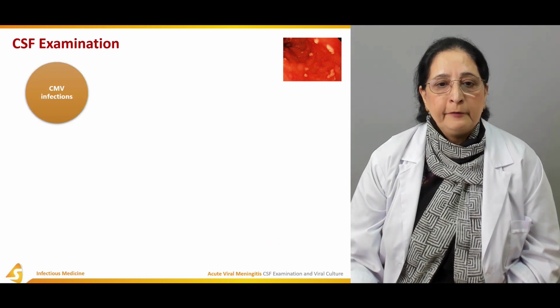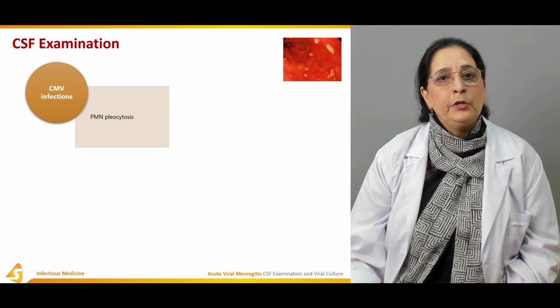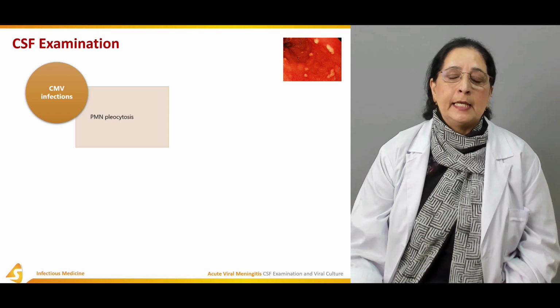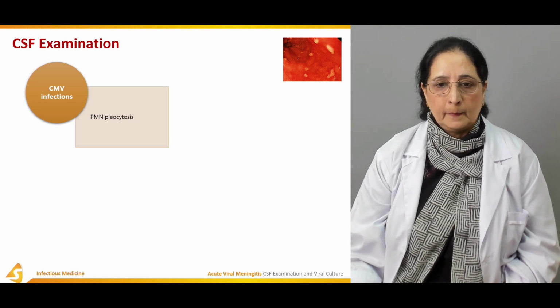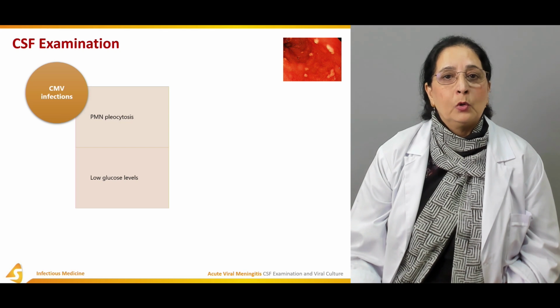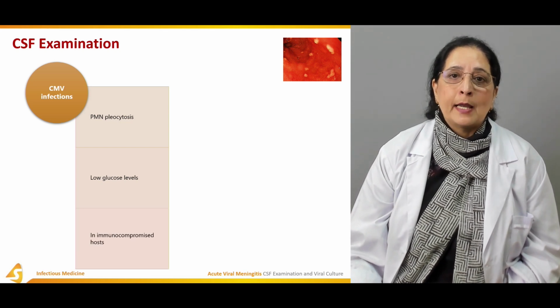Next, CMV infections. Polymorphonuclear pleocytosis in CMV infection, cytomegalovirus infection. Low glucose level is seen in the immunocompromised host.